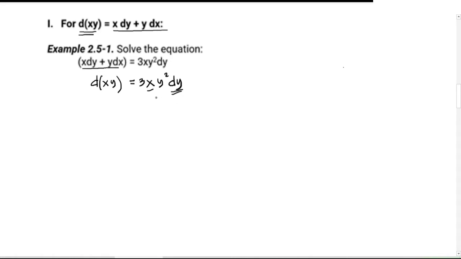To eliminate our x variable here, we are going to multiply this equation by the integrating factor xy raised to a certain exponent. The exponent should be negative 1 in this case, such that x raised to negative 1 times x raised to 1 is x to the 0.